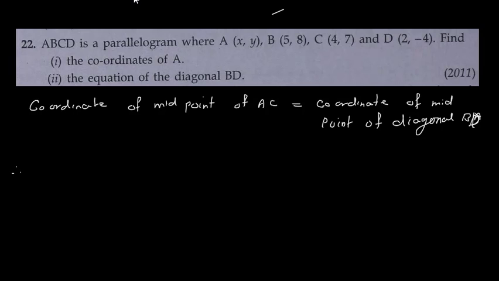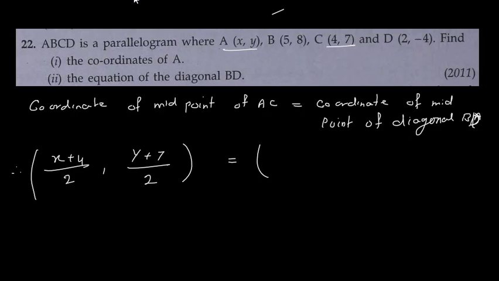So you know what the midpoint formula is. For AC you will say (x plus 4) divided by 2 comma (y plus 7) divided by 2. This is going to be equal to, for BD, (5 plus 2) divided by 2 comma (8 minus 4) divided by 2.